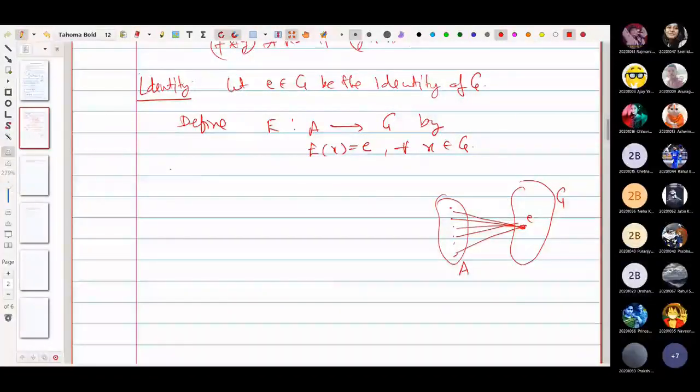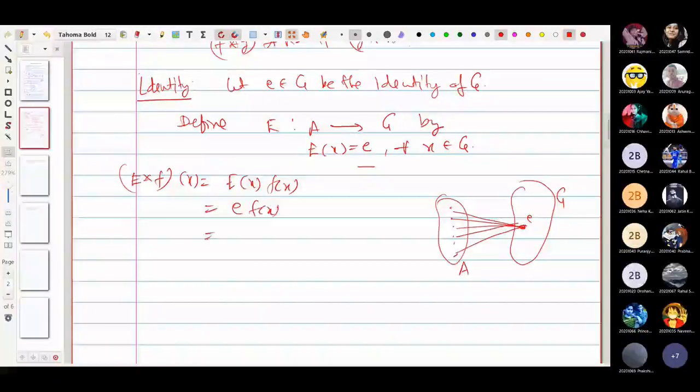So let us see E star F of x, where F is some arbitrary function from capital F. By definition, this is E of x times F of x, and E of x is the identity.